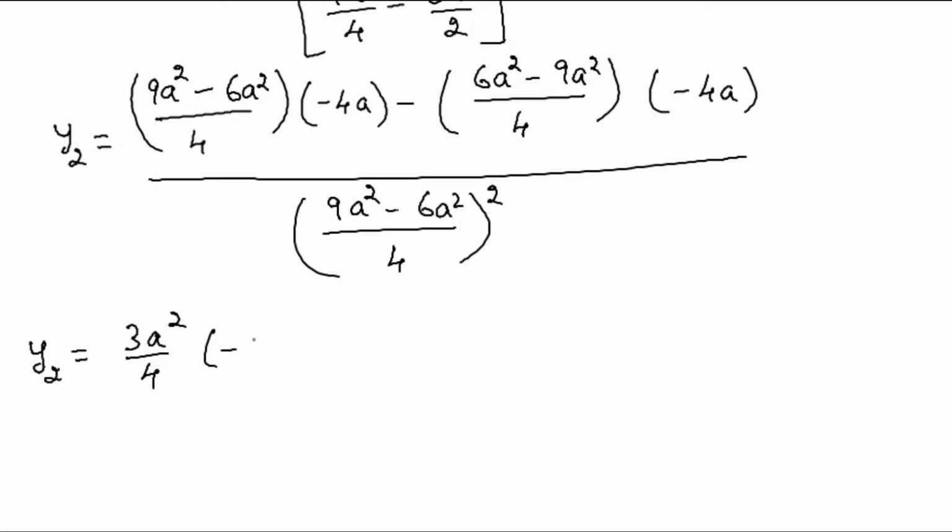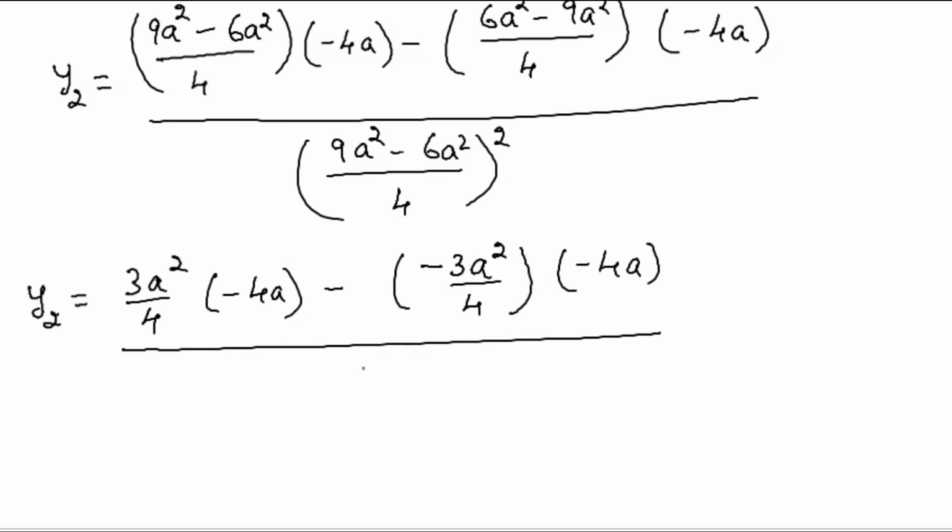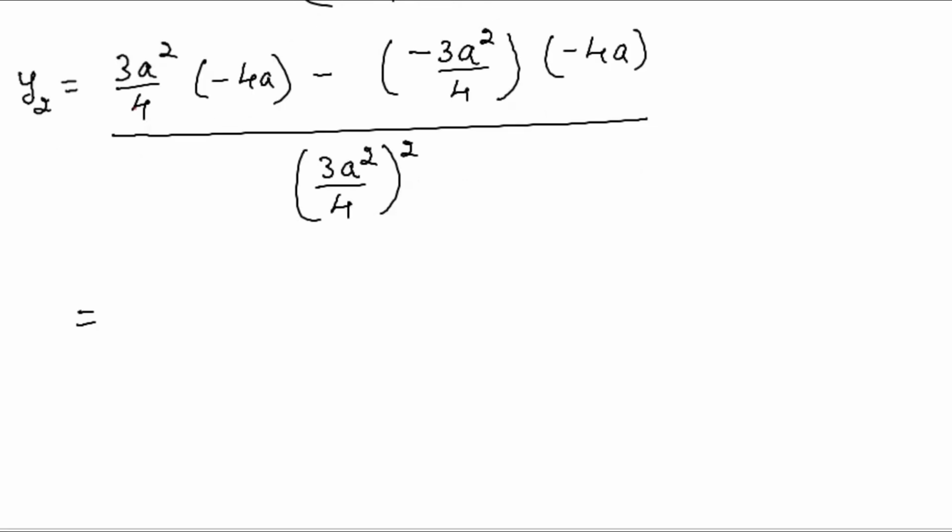into this minus 4a as it is, minus of, this value will be minus 3a square by 4, and this is minus 4a. It is whole divided by 3a square by 4 whole square. You can observe this 4 and 4 will cancel out.